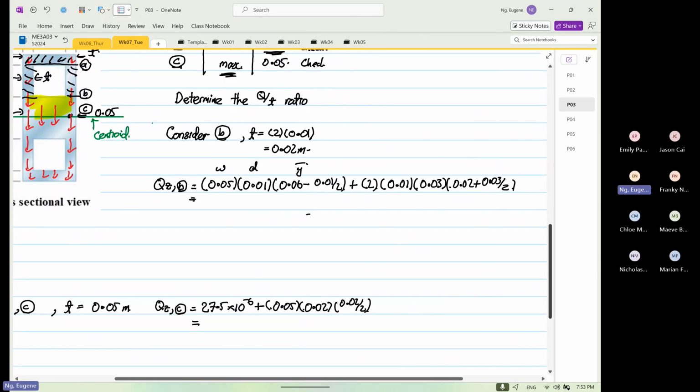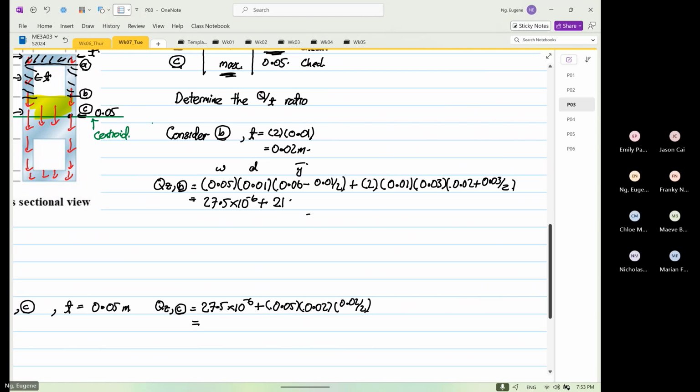So this will be equal to 0.06 minus 0.01 divided by 2 times 0.01 times 0.05, so this is still 27.5, plus 0.02 plus 0.03 divided by 2 times 0.03 times 0.01 times 2, which is equal to 21 times 10 to the power minus 6.